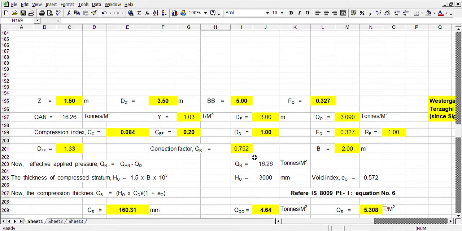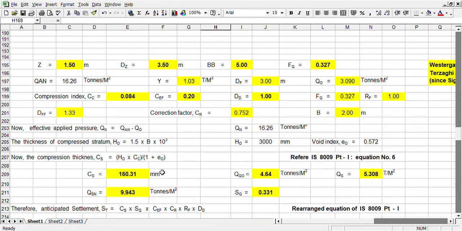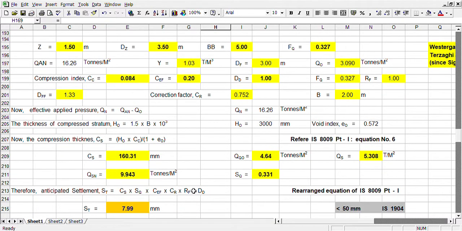So ultimately, you see, the total is coming to 7.99 millimeter. After correction of all these things, it is coming to only 7.9 millimeter, which is much less than the 50 mm as per IS 1904.